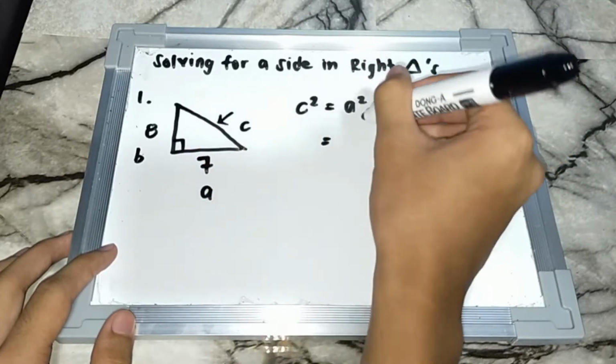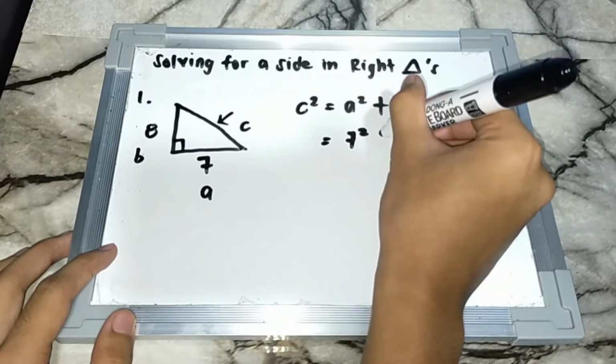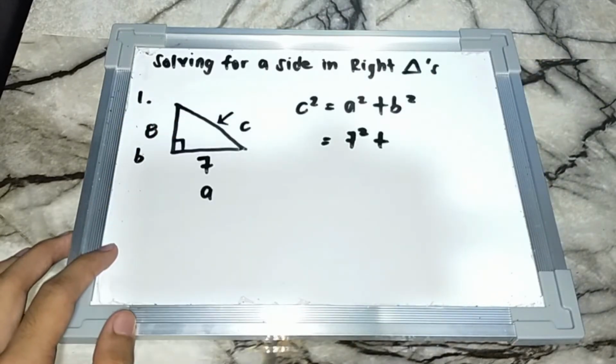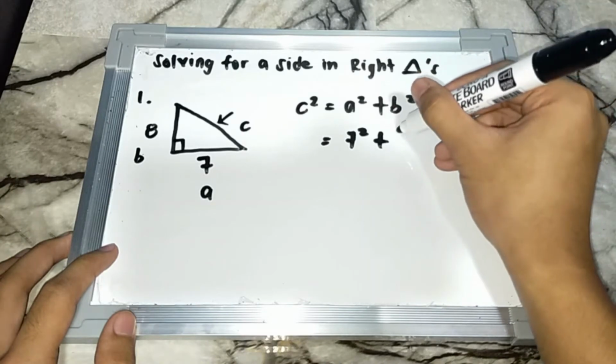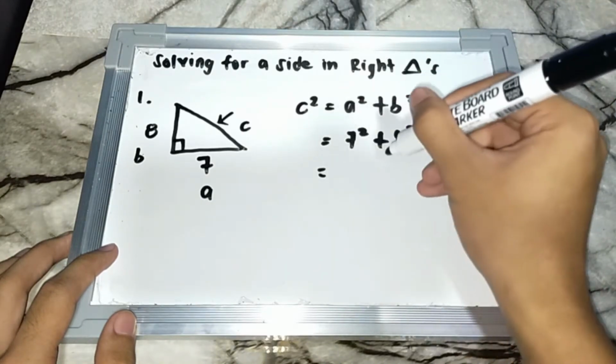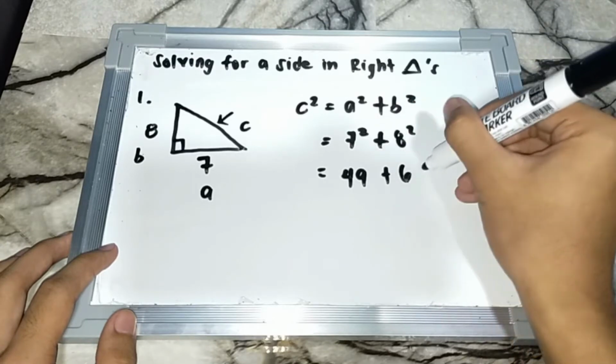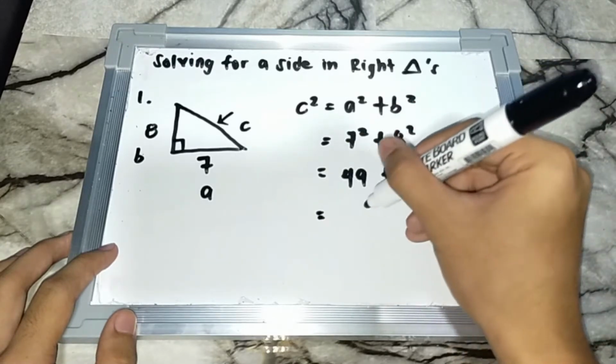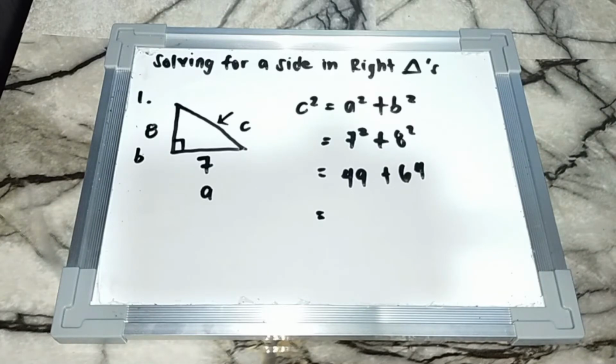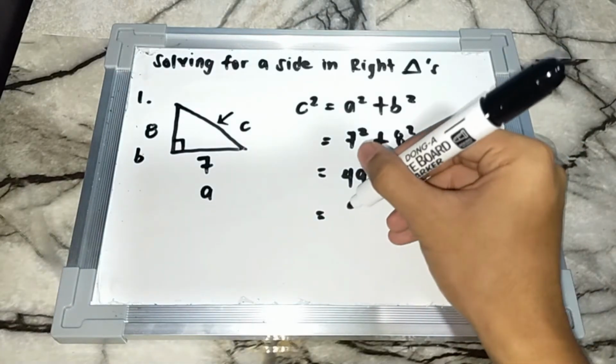So A is 7 squared plus B is 8 squared. So 7 squared is 49 and 8 squared is 64. And 49 plus 64 is 113.